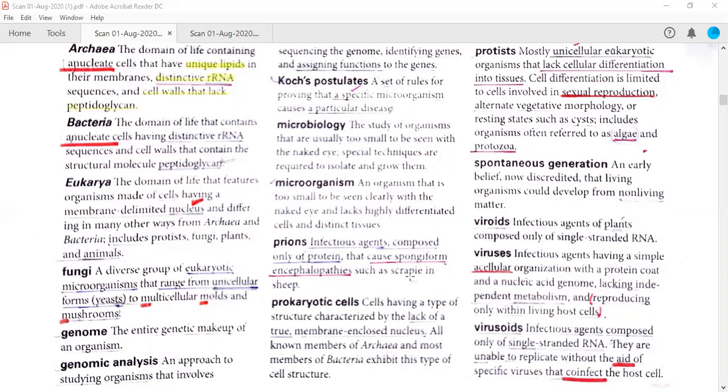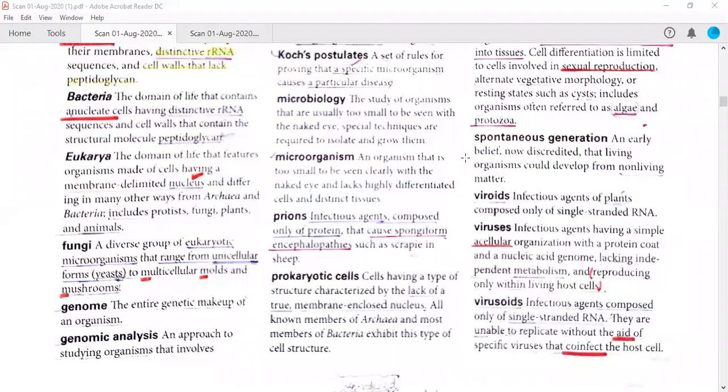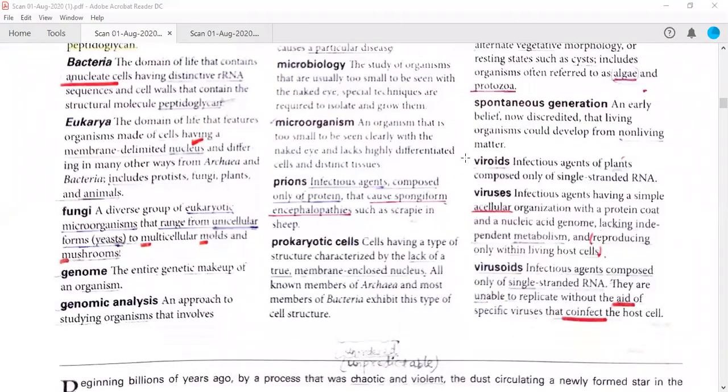But the major thing common to all the prion diseases is the infectious particle, that is protein here.